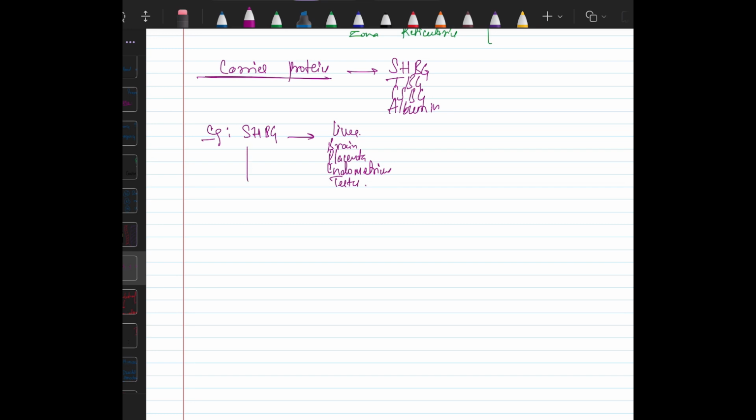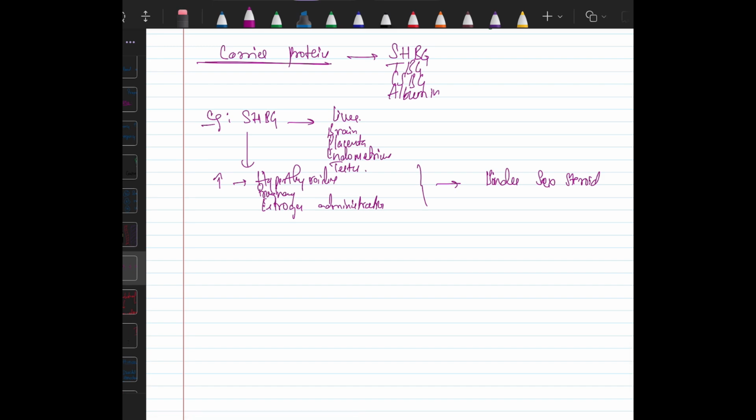This sex hormone binding globulin is increased in hyperthyroidism, pregnancy, and on estrogen administration. When sex hormone binding globulin increases, it is going to bind to the sex steroids, and thus decrease the circulating hormones.